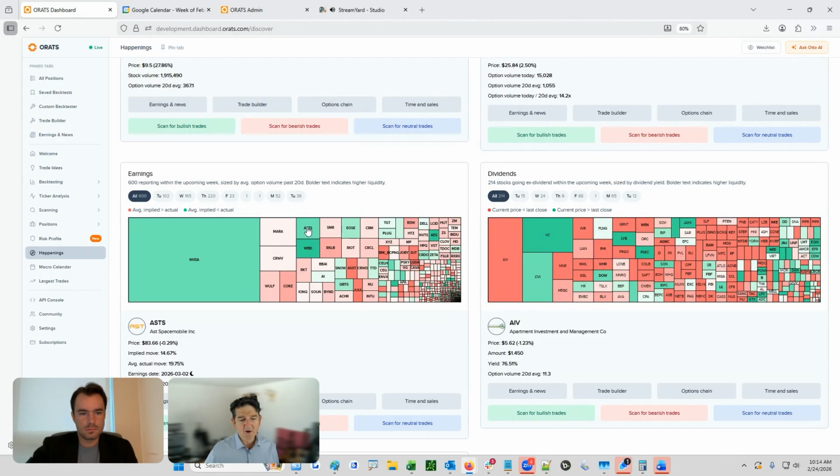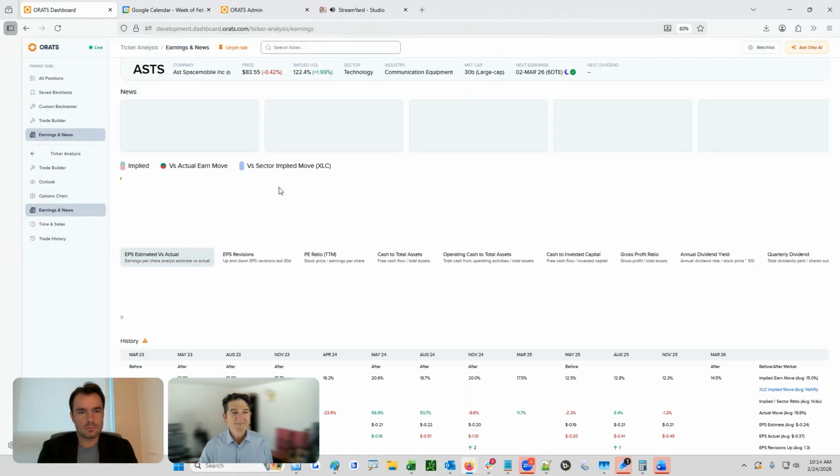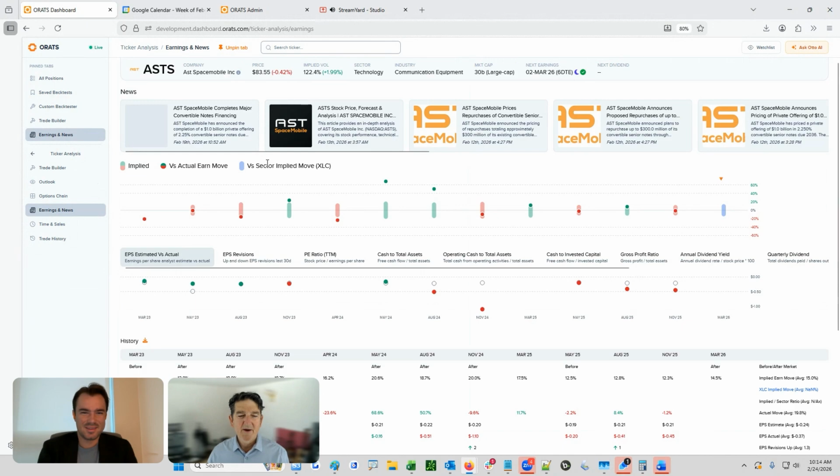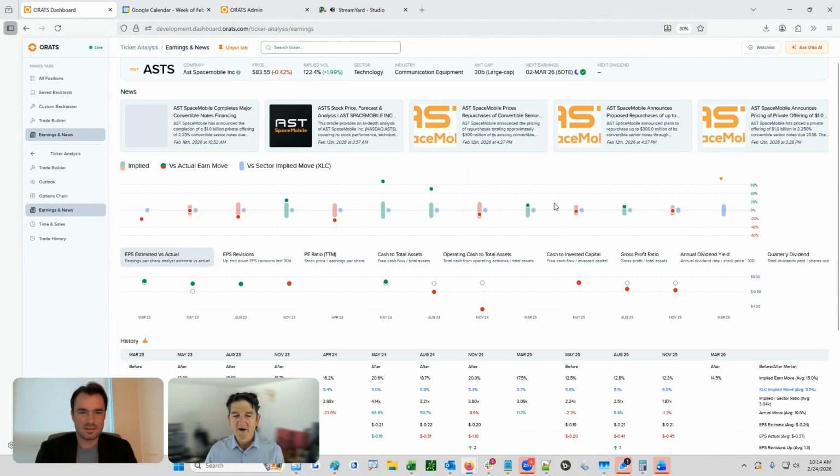You could go look at the information. So if I click on that and go to earnings news for AST SpaceMobile, this might be a little bit out there, but let's just try it anyway. This is a stock that really moves a lot, with some crazy moves. Yeah, 5x, right?